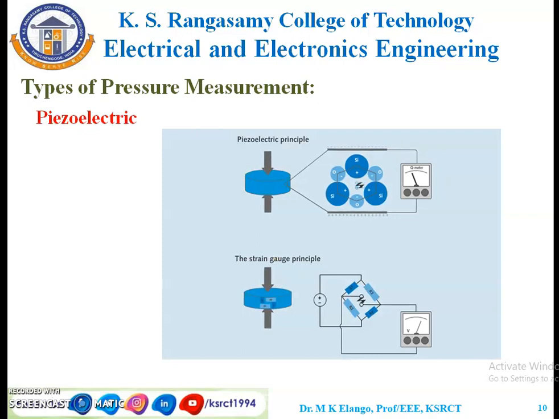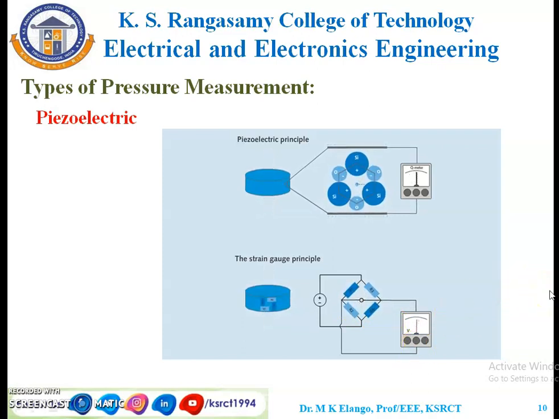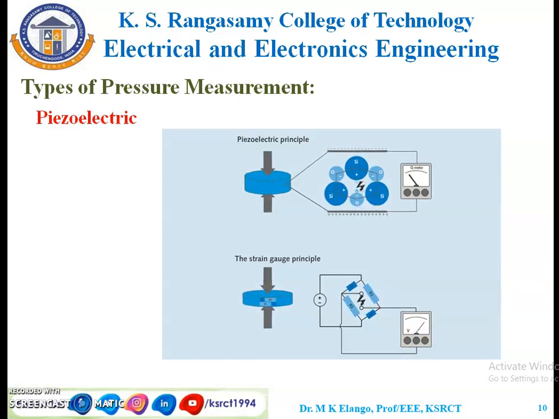And the next one, piezoelectric transducer. With the help of the piezoelectric principle, pressure is also going to be measured. In previous classes I explained the piezoelectric transducer. Here the difference between the piezoelectric and strain gauge principle is this: if we apply pressure, the resistance is going to change. This is called the strain gauge principle. By applying pressure, the shape of the material is going to change.